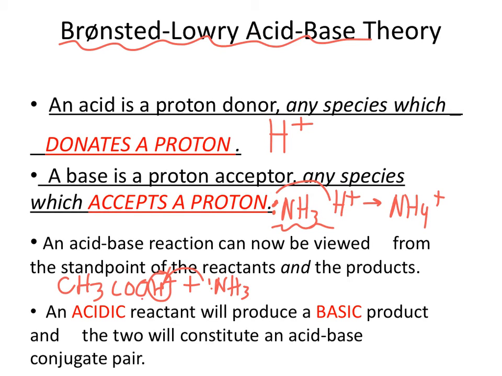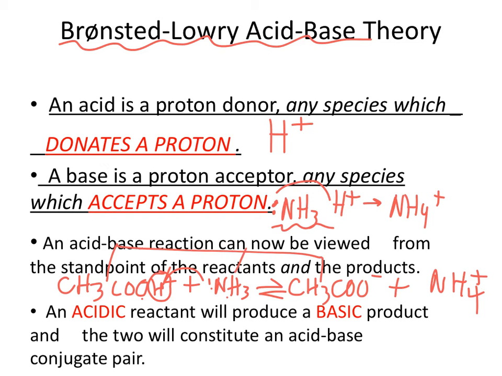So proton donor, proton acceptor, and we end up with something that looks like this. So an acidic reactant will produce a basic product, and the two will constitute an acid-base conjugate pair, which simply says that this and this are related in this model. Not a huge deal. Something to learn later on.